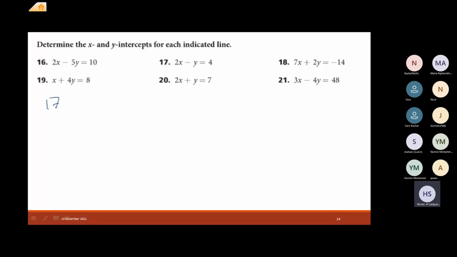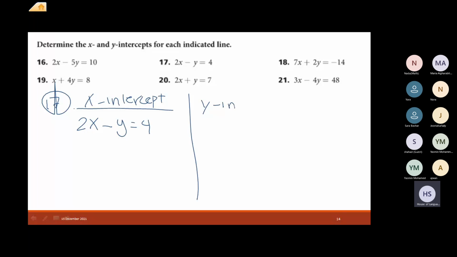Number 17. Find the x-intercept and the y-intercept for 2x minus y equals 4. X-intercept: what does it mean?